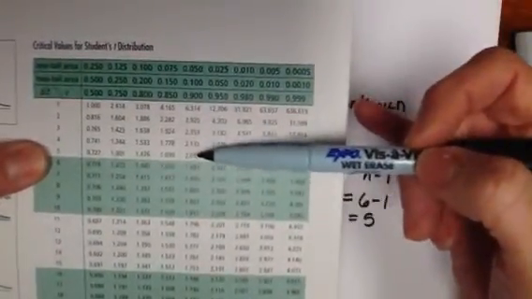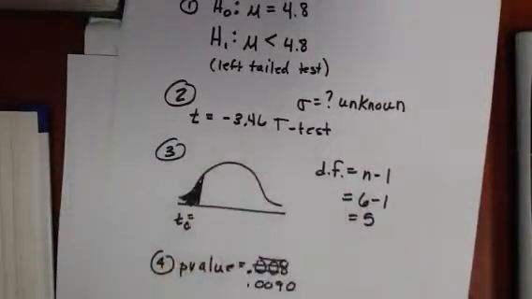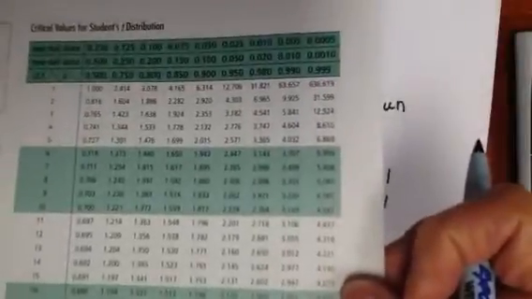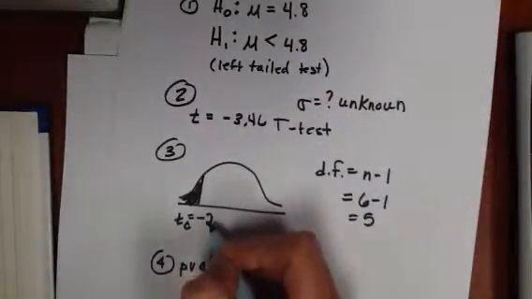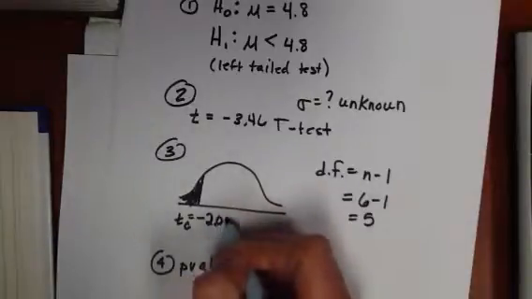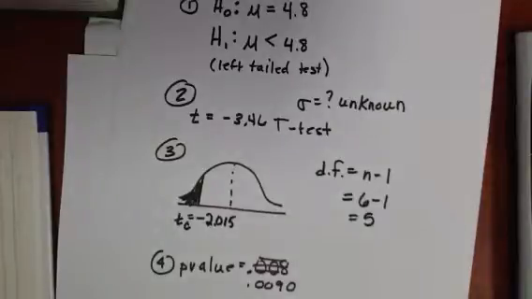Our alpha is 0.05, so we go one tail over to 0.05, and then our degrees of freedom is 5. So we go down to 5, looks like 2.015. Now because it's left-tailed, even though the table doesn't have negatives in it, we know if it's left-tailed it has to be negative. What did we say it was? 2.015. Remember, 0 is always at the center.